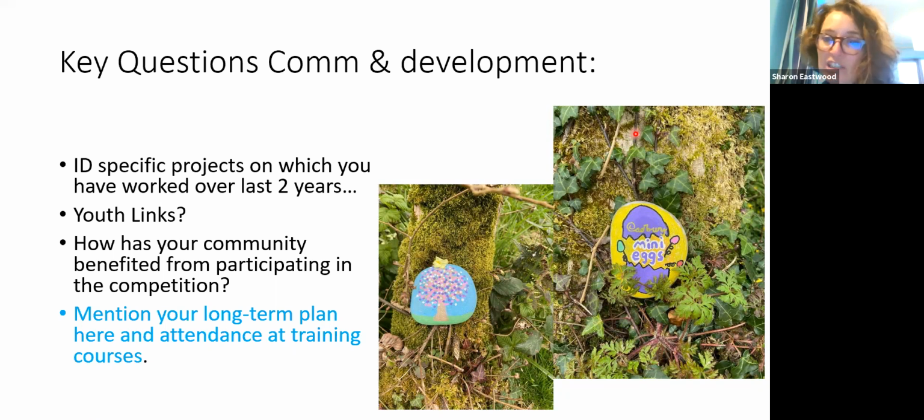And the next question is, do you just mention the projects or give details? In this community involvement section, it just asks you to mention the specific projects. So if it's a sensory garden, I would just say sensory garden, and then you'll have the details of it in the section on nature and biodiversity. Okay.